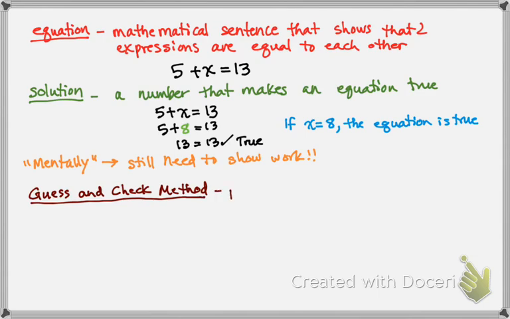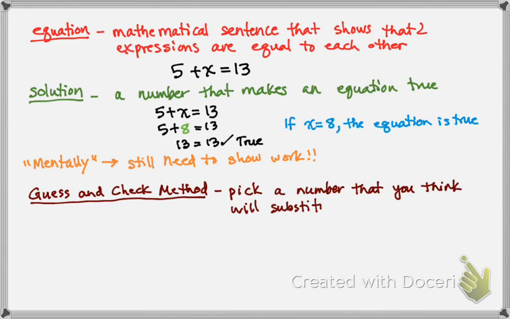So how the guess and check method works, you basically pick a number that you think will substitute for the variable and make a true sentence.